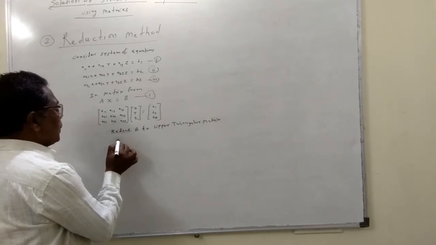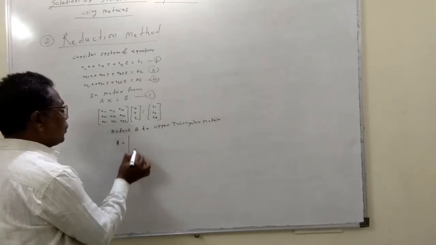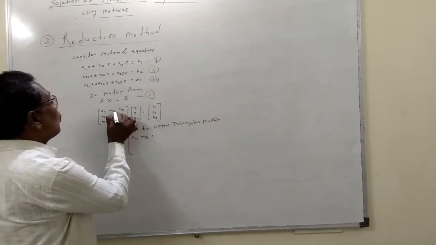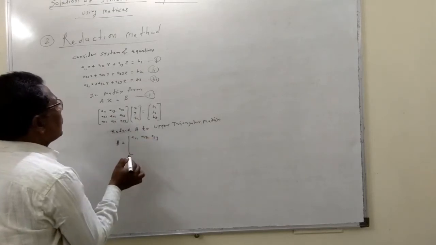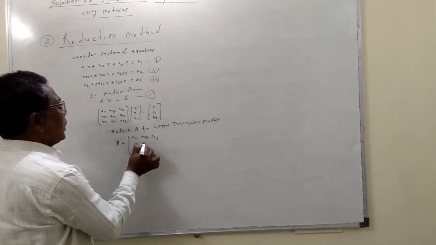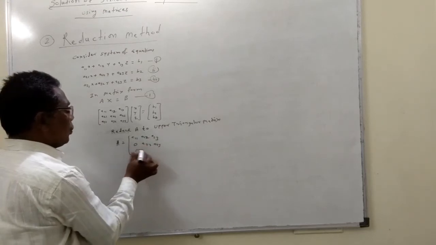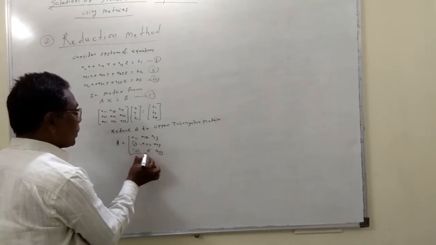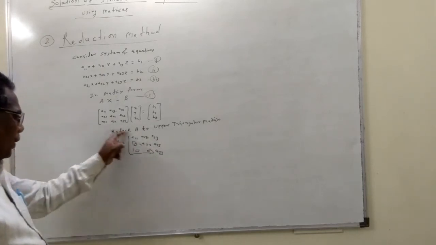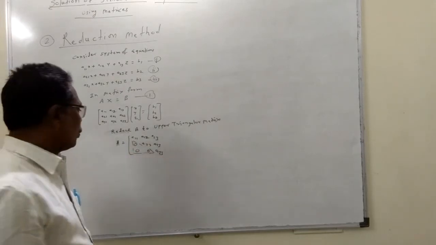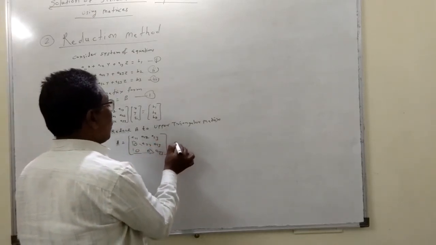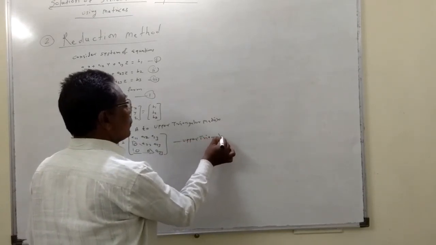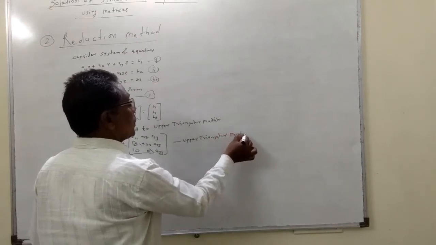If the matrix A is reduced to this form: a11, a12, a13, 0, a22, a23, 0, 0, a33, then this triangle is formed here. That is, when the elements below the principal diagonal are 0, this is called an upper triangular matrix.